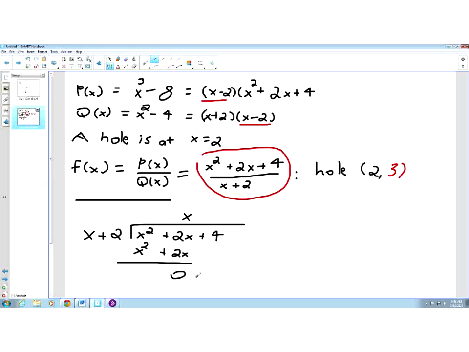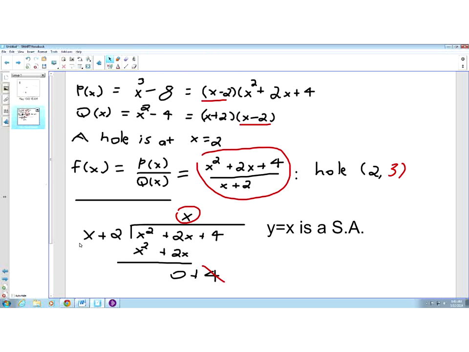And we bring down the 4, so we have 0 plus 4, which is the remainder. Okay, so what this means is we can't do the division anymore. So we discard the remainder, and retain the quotient, which is x. So the takeaway is y equals x is a slant asymptote.